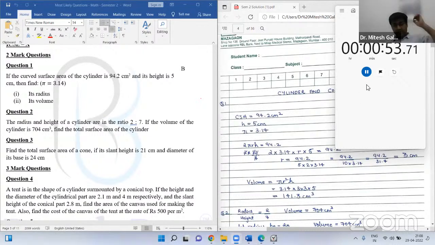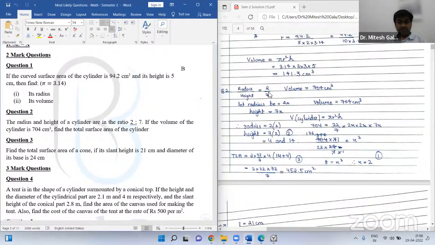All right, so let's look at it. When you use 2x and 7x as the radius and the height, apply the formula for volume, which is pi r square h, and you should be able to get the value of x, which is 2.